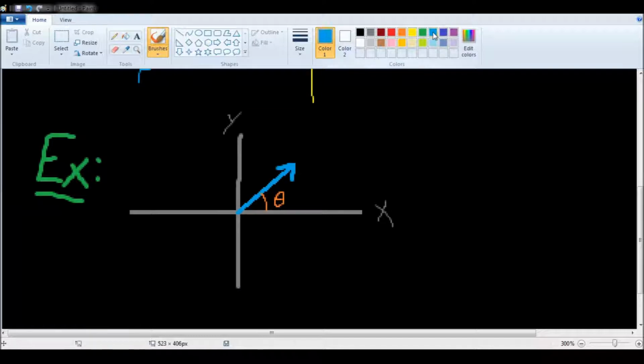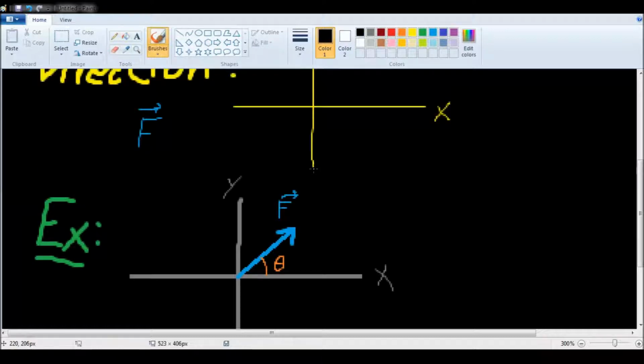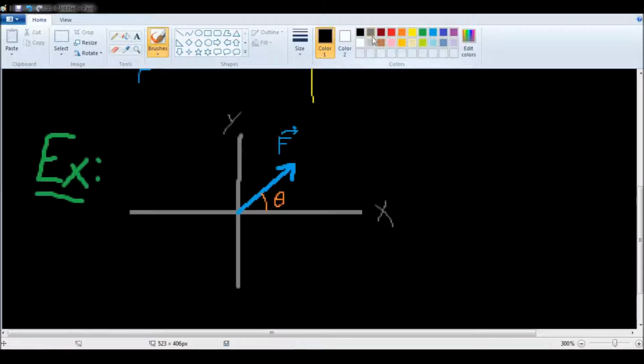So this is our force vector. Oh, and I'm sorry folks, my secret has been revealed. This is not actually a black canvas. This is a white canvas painted black. But anyway, you can see that this is our force vector.